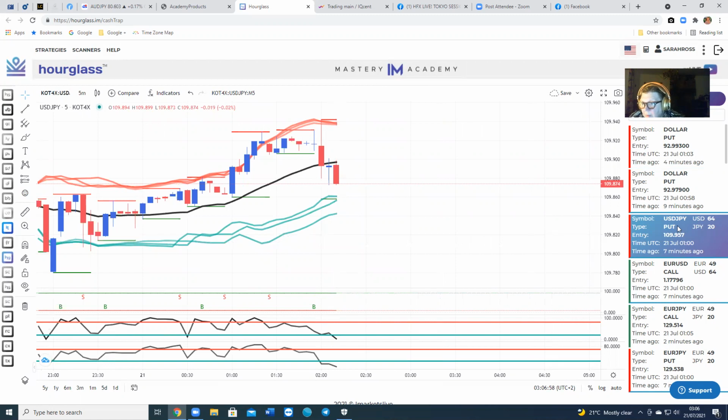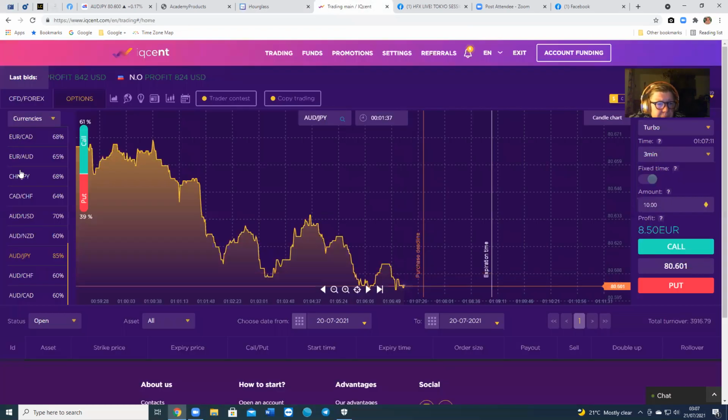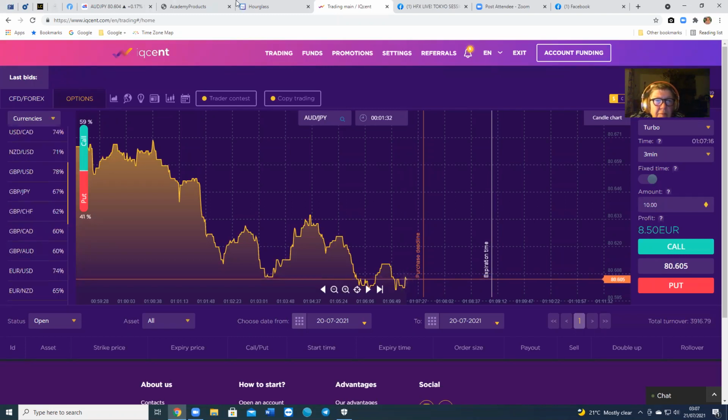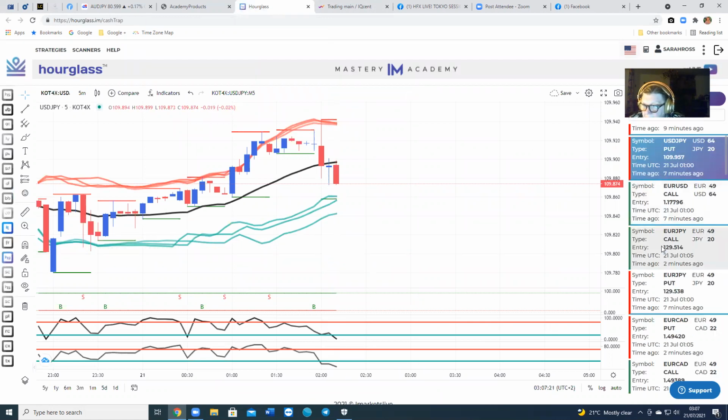US dollar at the moment is a put on UJ, but we saw how strong it was against the Japanese yen. So we need that to be a call, but I don't think the payout on this was very good. Yeah, it's only 61%, so we don't want to bother with that.